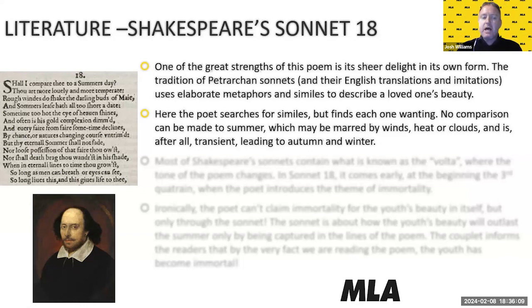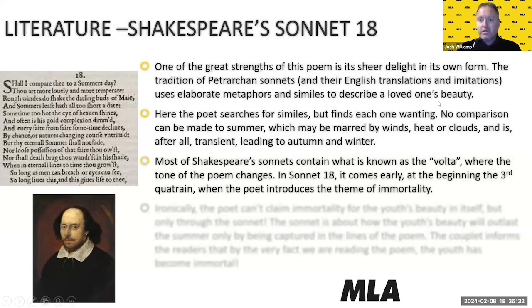So you'll see that all the comparisons there are negative comparisons, in the sense that it says, shall I compare thee to a summer's day? But I can't, because a summer's day can be marred by winds, heat, or clouds, and in the end, summer is transient, leading to autumn and winter.